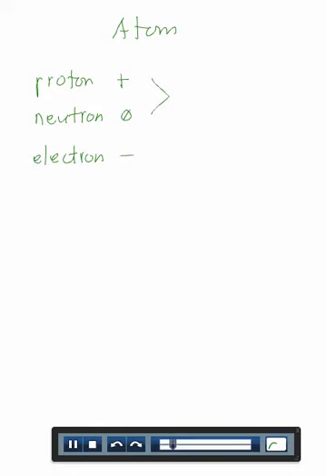The proton and neutron weigh about the same within three significant figures, so about 1.67 times 10 to the minus 27th kilograms. The electron is much lighter, 9.1 times 10 to the minus 31 kilograms.